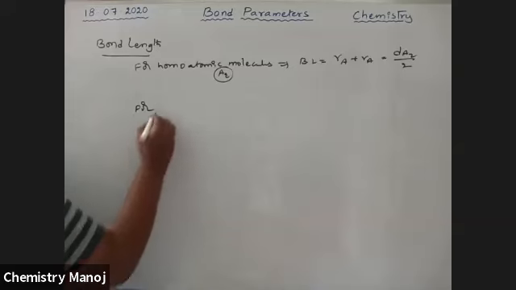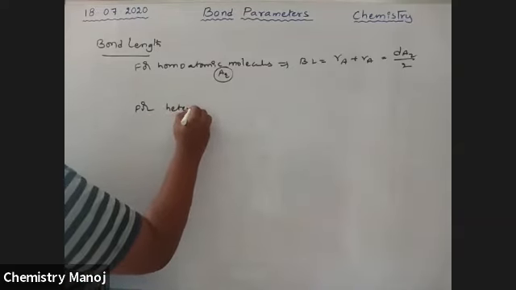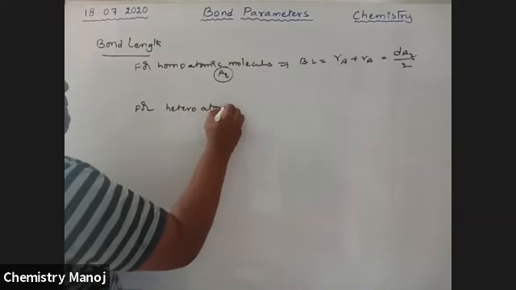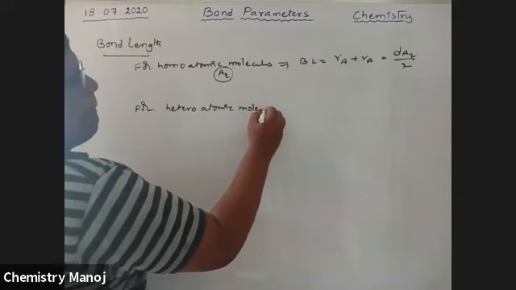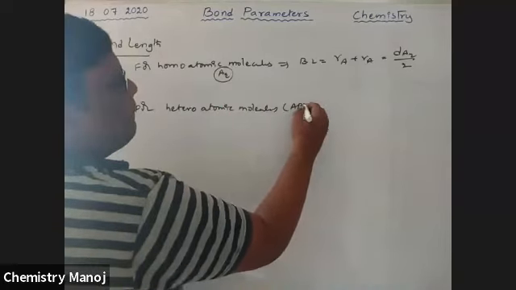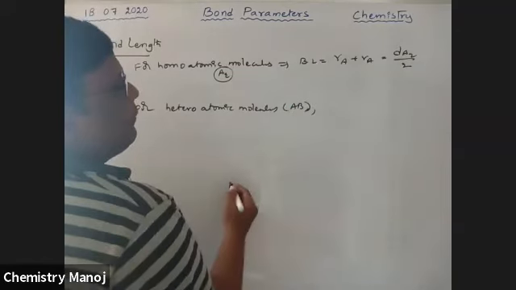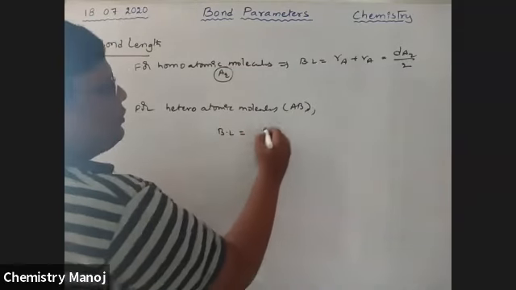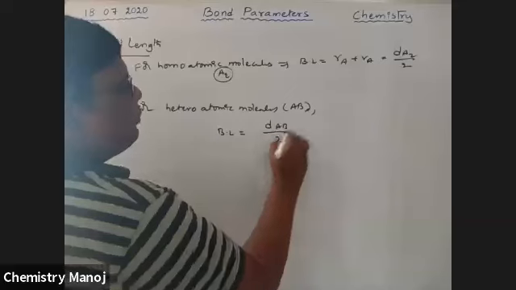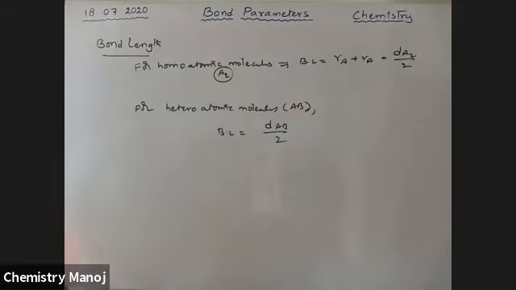For heteroatomic molecules like AB, bond length is equal to diameter of AB by 2.